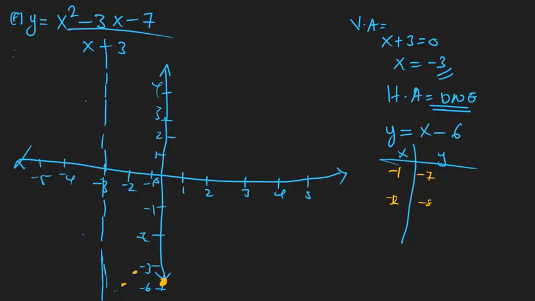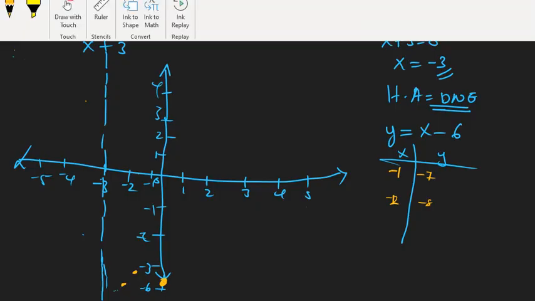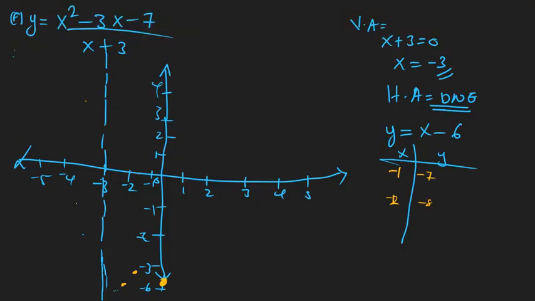Let me put it as an illustration. Let's say the points were close, the same way we have these 2 points. Let's just imagine a paper that's very big. Then maybe the 2 points are somewhere here. When you plot, the line comes out like this. This is your slant asymptote, y equals x minus 6.